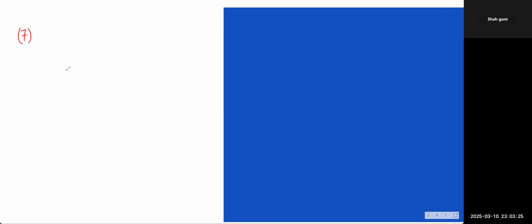Now angle PBQ. So just see the figure. Where is PBQ? It is a right angle at P. So we can get the length of PB, right?